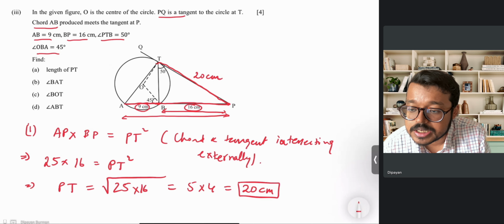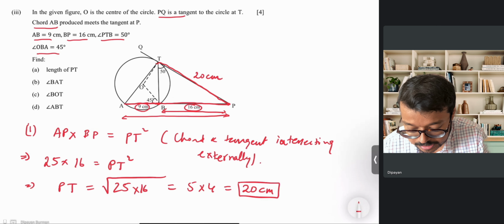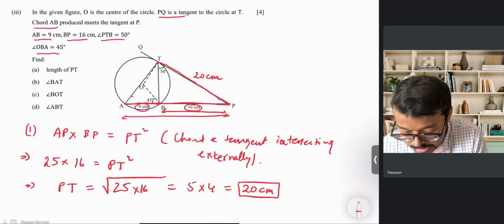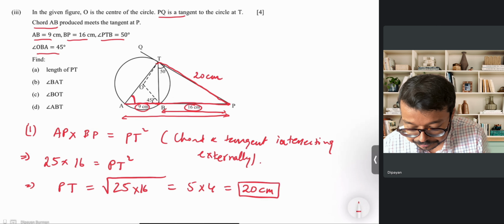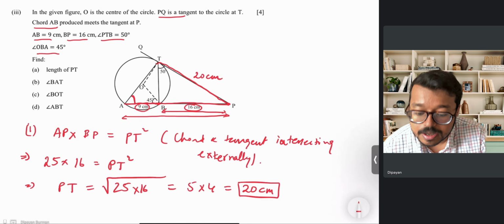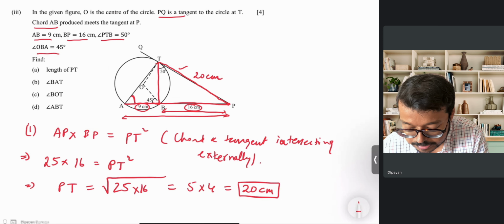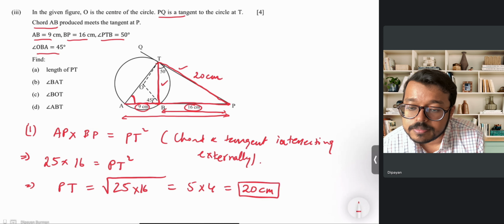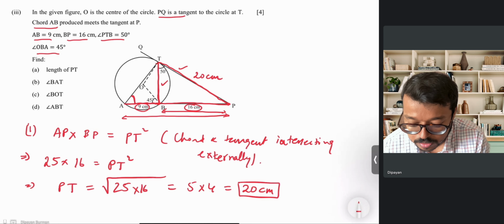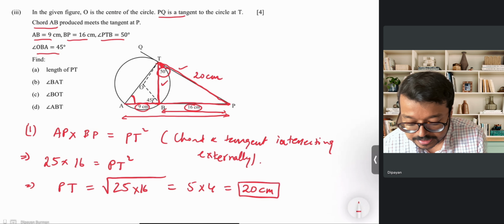Then there are three missing angles. Let's find out. First is angle BAT. So angle BAT is the angle in the alternate segment. If I look at my tangent TP and chord TB, the angle between the tangent and the chord here is angle BTP or PTB, which is your 50 degree angle.